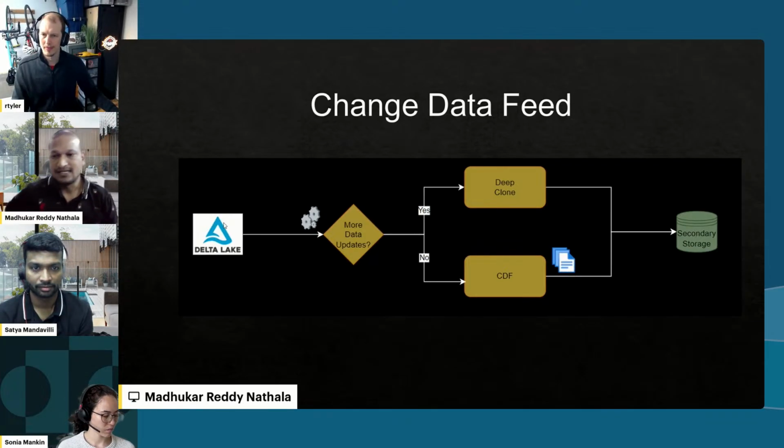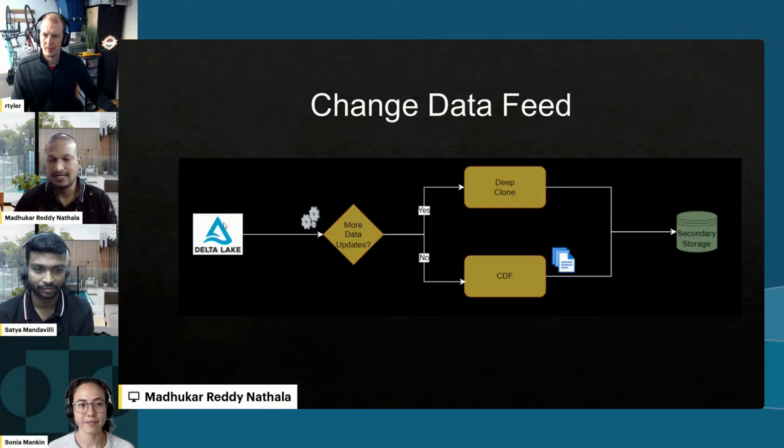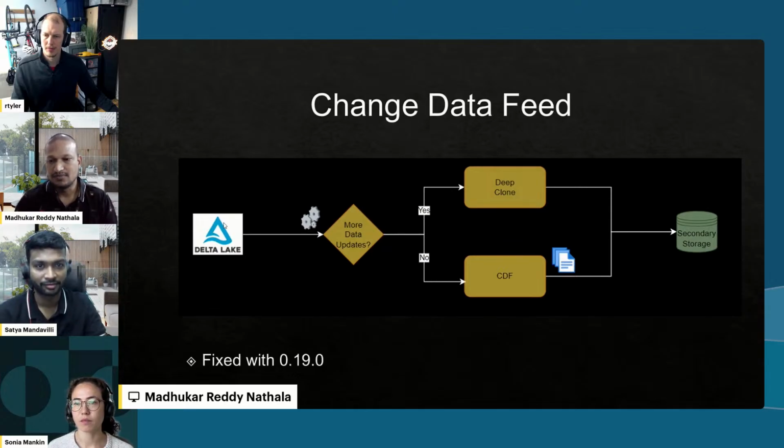But thanks to Sonia, Demi, and Tyler for accepting this, taking it as a priority, and helping us fix this issue. It got released in version 0.19.0, which really helped to unblock this process and make sure the data is available to end users at high speed in secondary storage.